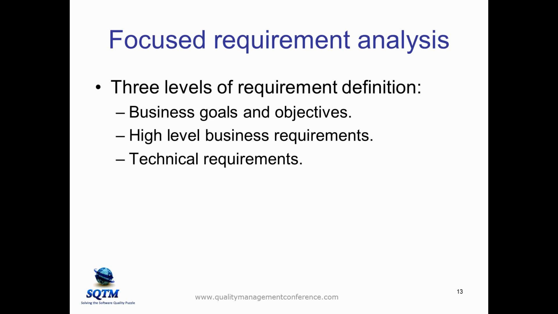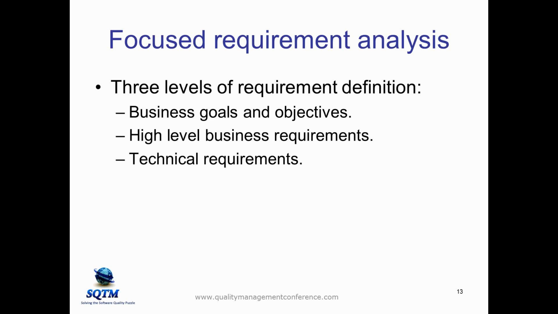And so these are things that are high-level aggregations of the technical requirements. And so, for example, a technical requirement, for a given application, we might say, well, we need this particular screen containing these particular fields and these data validation rules on those fields, and this other screen, and here's the screen flows, and so on.